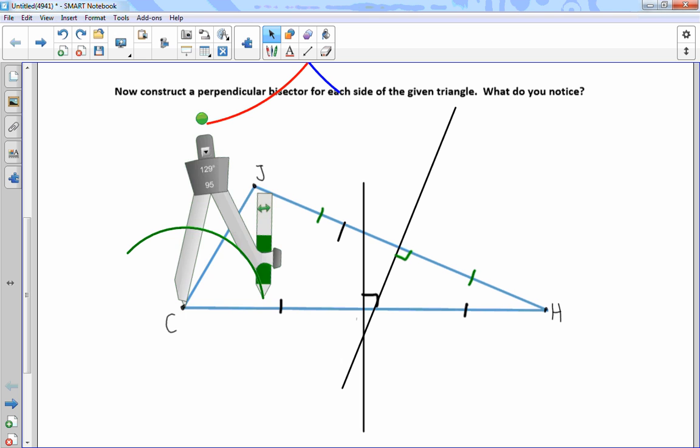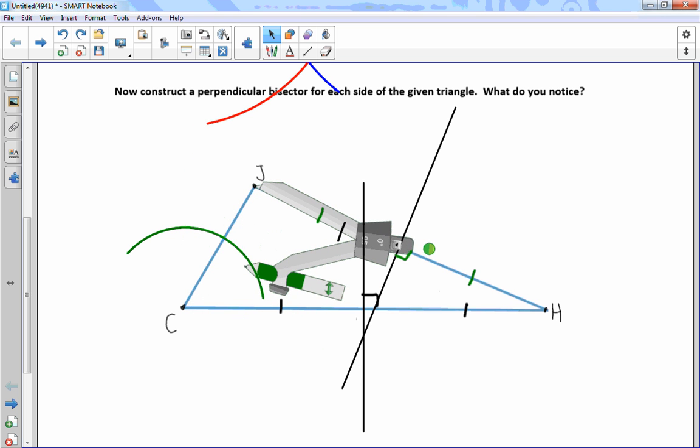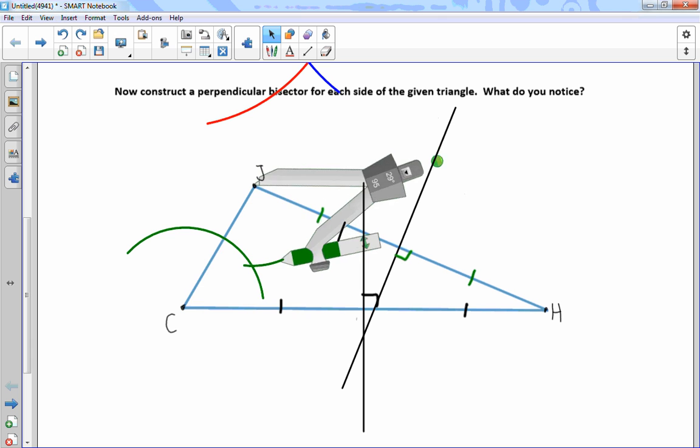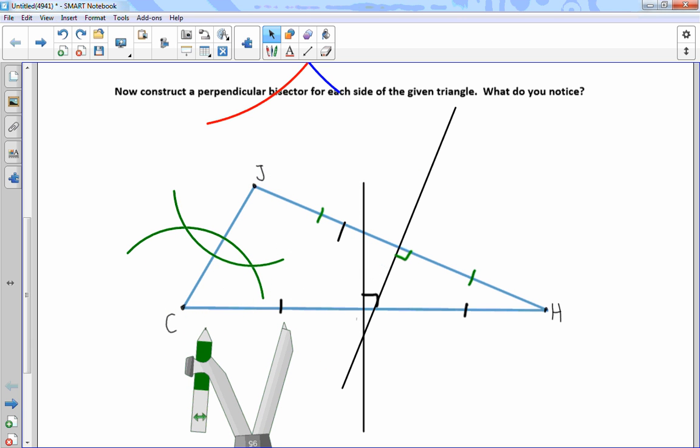And come over here to J. Keeping the same width. Draw an intersecting arc. This arc should intersect twice. Once you have those 2, use your ruler to connect and go all the way through the triangle.